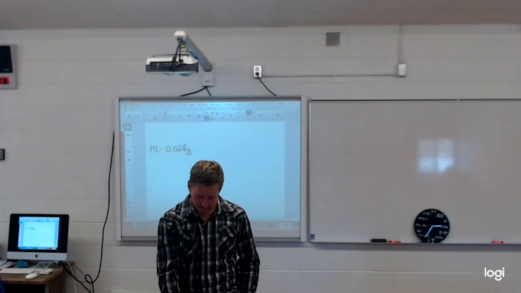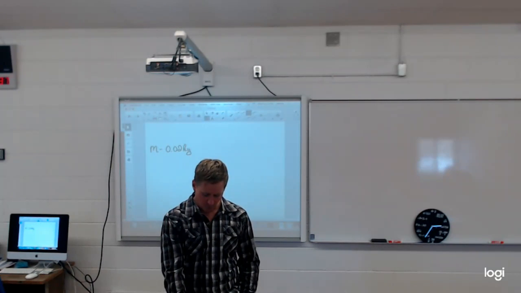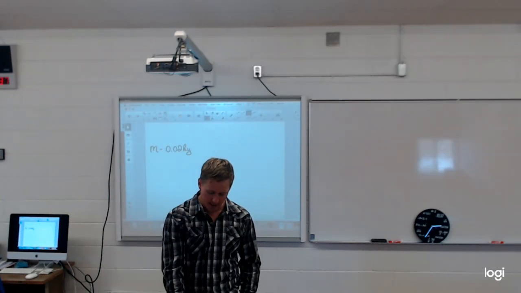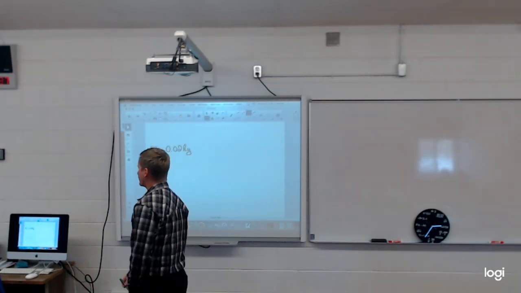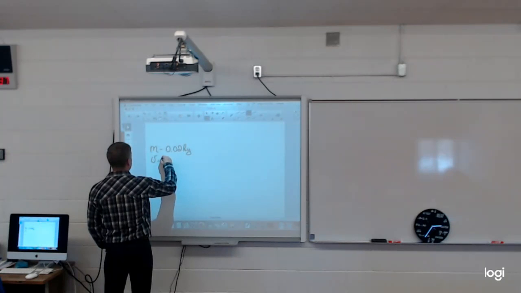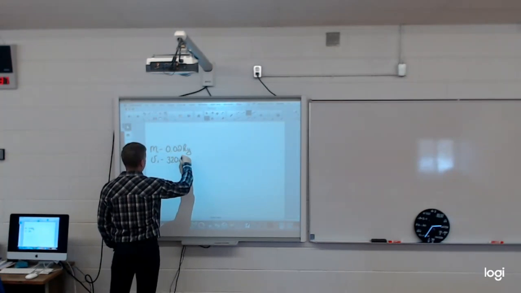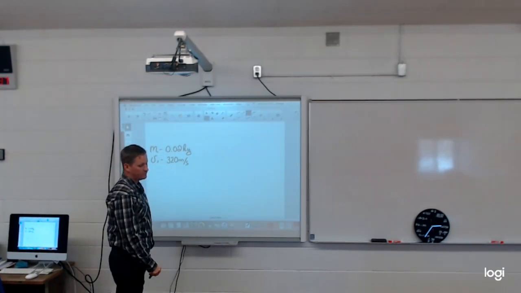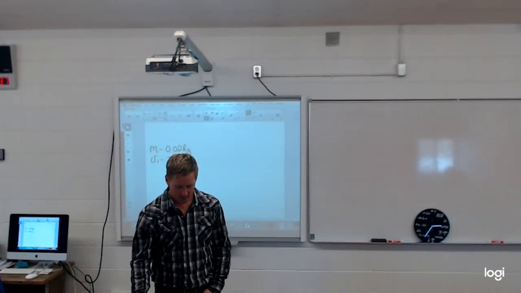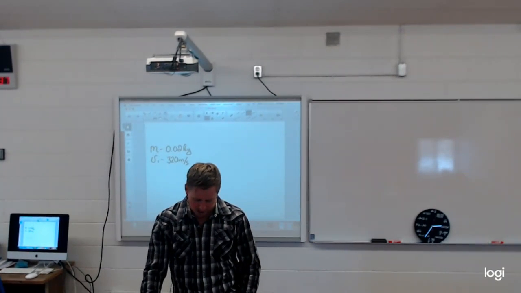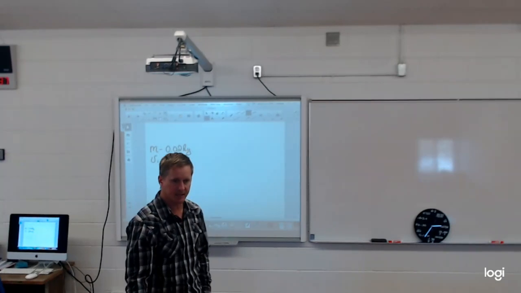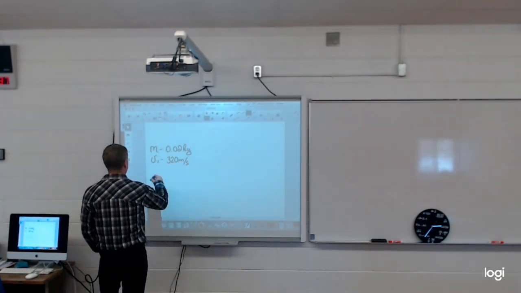Okay. What question is this? Question 4. Strikes a block of wood at a speed of 320 meters per second. So my initial velocity of this guy is 320 meters per second. The bullet embeds itself in the block of wood, penetrating to a depth of 6 centimeters.